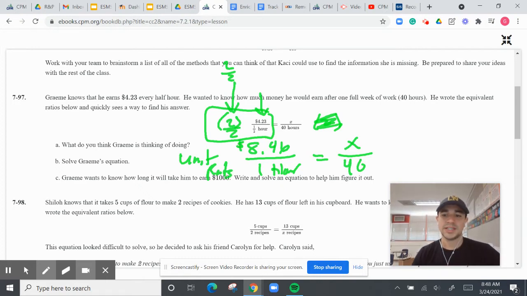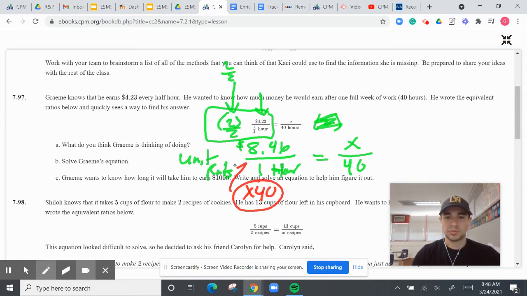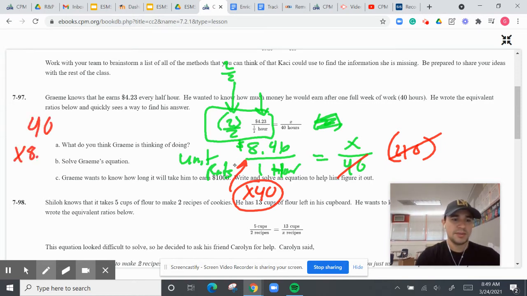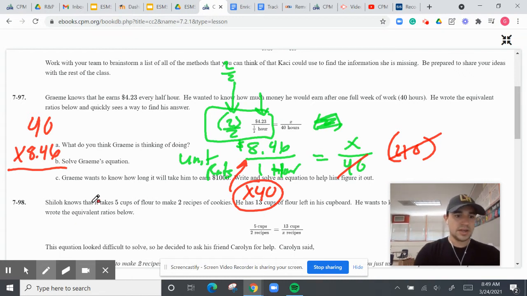So it's $8.46 per hour. Then I can just multiply that by 40, which makes it nice and easy. When I multiply this by 40 and this by 40, the 40s cross out on the right side, and the left side is just 40 times 8.46.